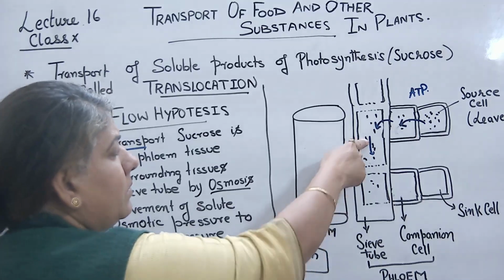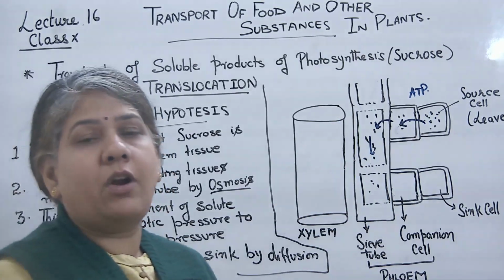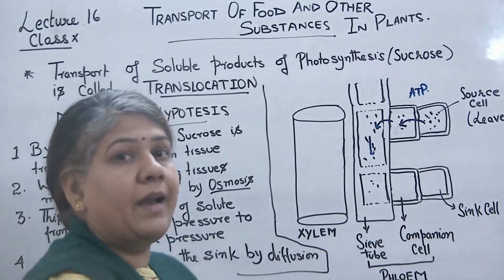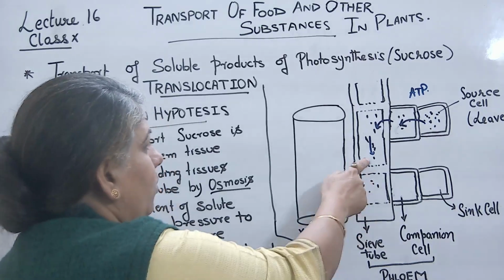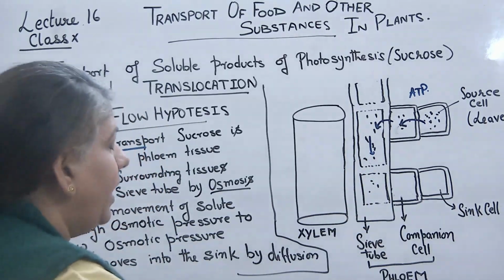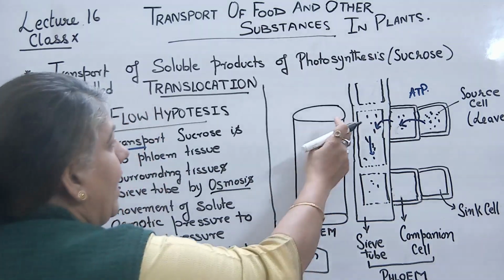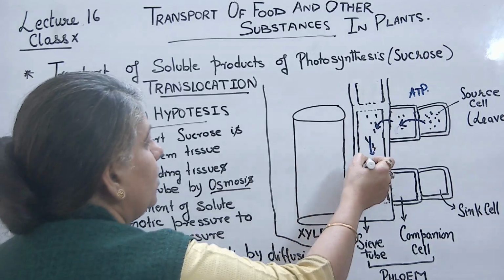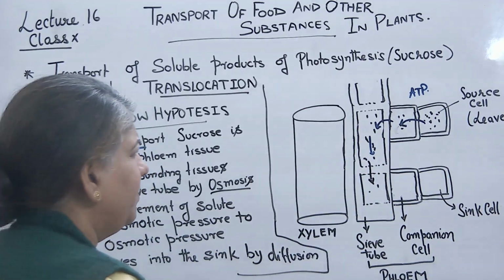Once the sucrose is put into the phloem tissues, water from the surrounding cells, including the xylem vessels, will move into the phloem tissues. This will increase the osmotic pressure and this will set solute in motion from high osmotic pressure region towards the low osmotic pressure region.